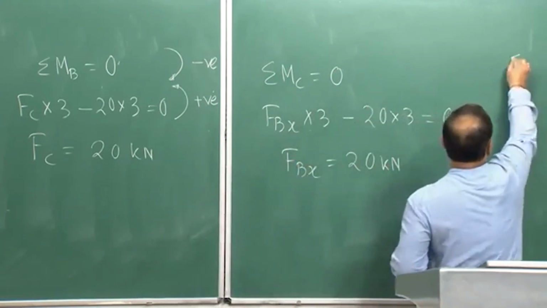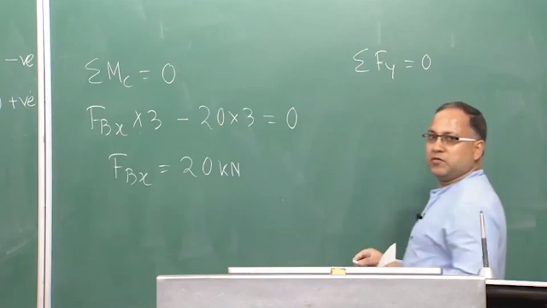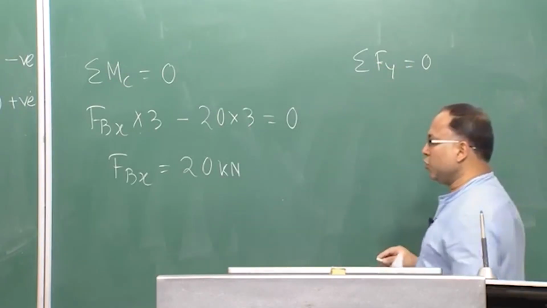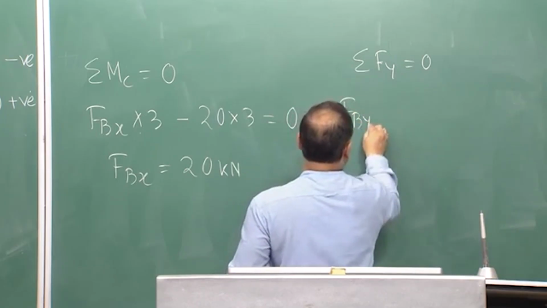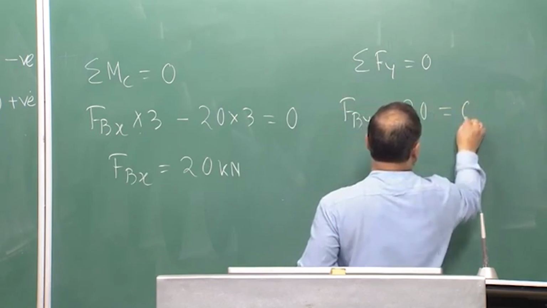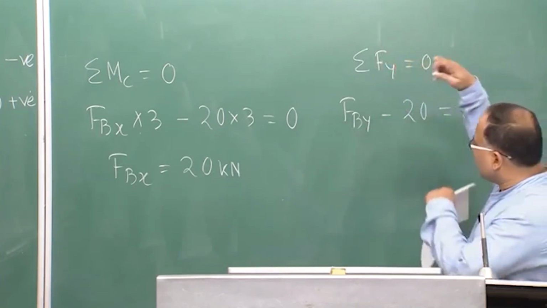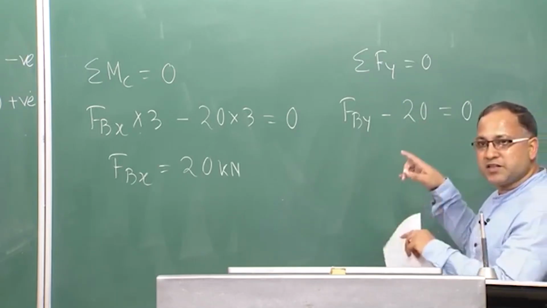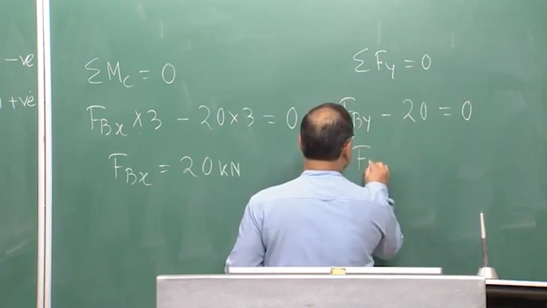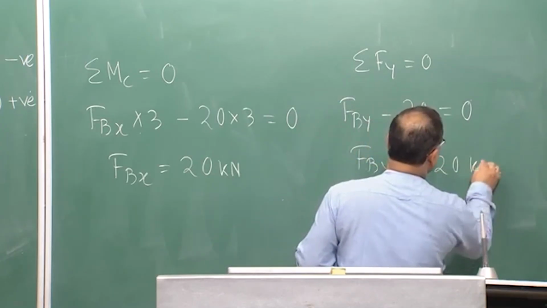Similarly, if you satisfy the condition summation of Fy is 0, then from this you will get Fby minus 20 is equal to 0. Fby is in the upward direction, and 20 kilonewton is acting in the downward direction. So, these are the only two forces in the y direction, and from this you get Fby equal to 20 kilonewton.